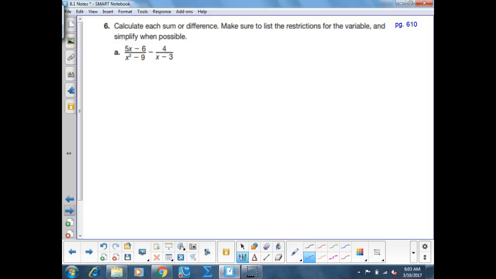All right, let's dive head first into the pool that is adding and subtracting rational fractions. Okay? So first thing, remember our steps from yesterday. Our first step was common denominator.